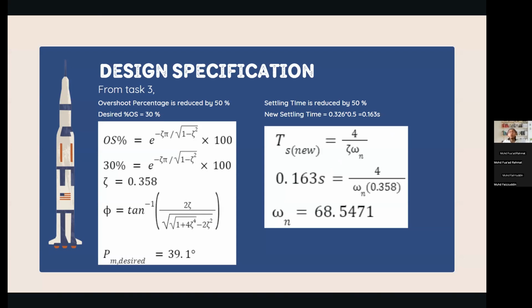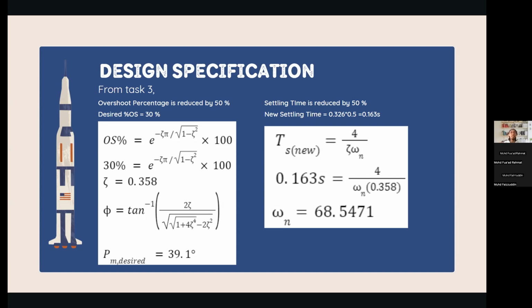First we want to design a lead compensator only, because we want to improve the stability and the speed of the response of the system, and we don't need a lag compensator because the steady state error is already 0.